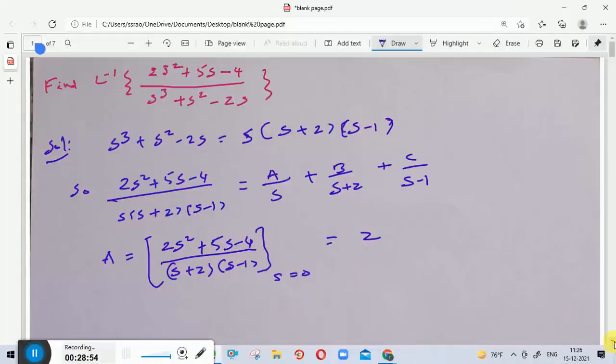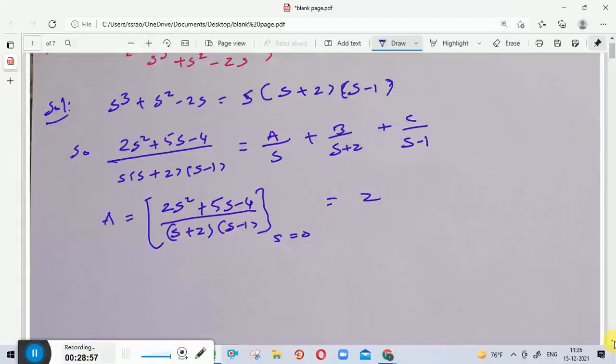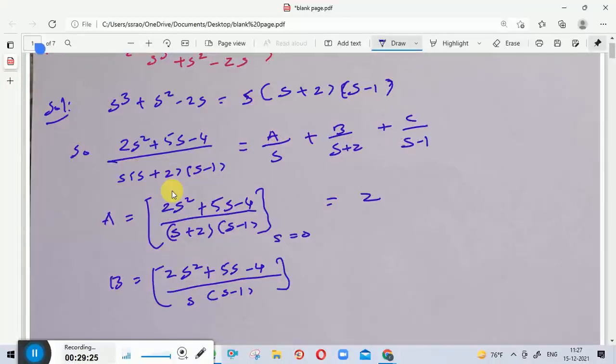Next, value of b. Here below b we have the factor s plus 2, so we write the remaining factors: 2s square plus 5s minus 4 divided by s into s minus 1, at s plus 2 equal to 0, that is s is equal to -2.